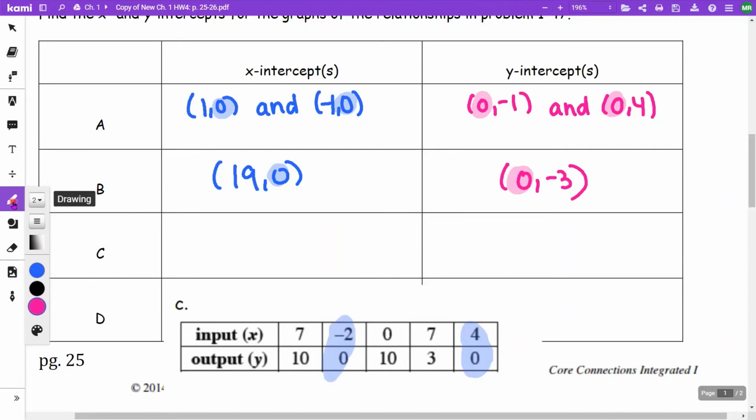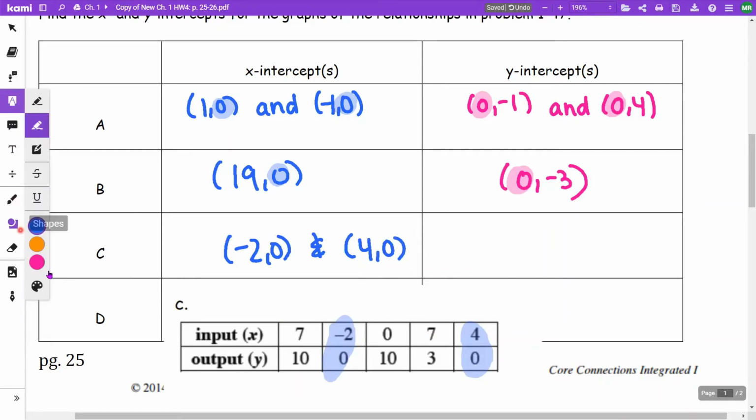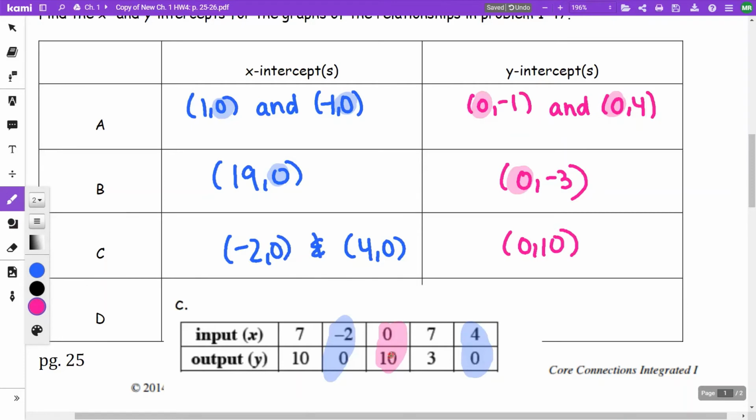So my x-intercepts are going to be at -2, comma 0 and 4, comma 0. Then when I'm trying to find my y-intercepts, my y-intercepts have my x's being 0. So right here, this is where my x is 0. So that is going to be at 0, comma 10.